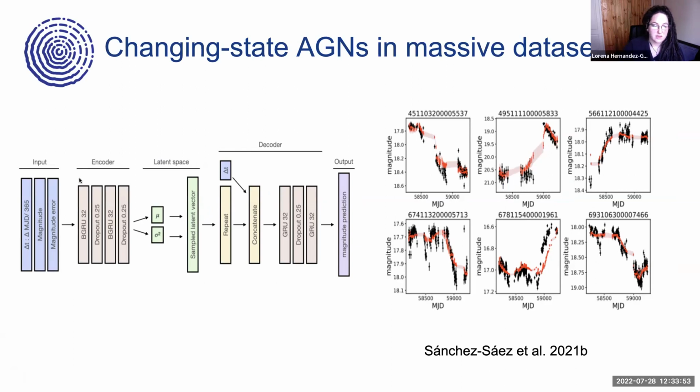The idea is that in the input, we have the light curves, which are the black points on the right. Then it goes to the encoder, the latent space, the decoder, and the output is a prediction, which is plotted in red. Then to select the sources, the RMS gives an idea of which of them are the candidates. If I remember well, it's an RMS of 3 that makes a selection for the sources.